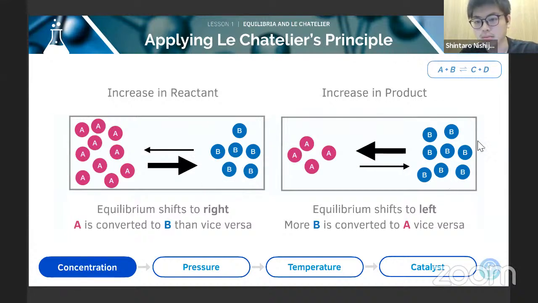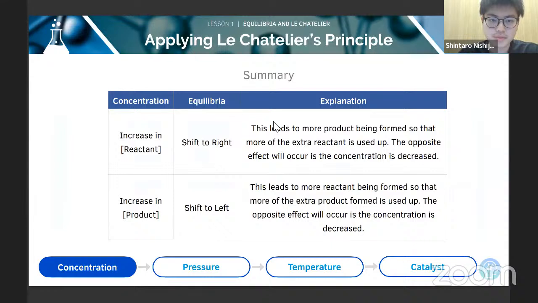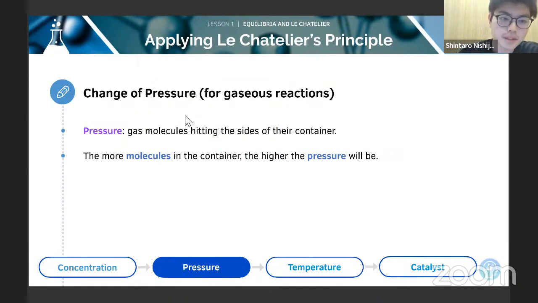If you increase the concentration of products, then it's going to try and go to the left. That's a nice way to remember it. That's the summary. We'll go over it again at the end, so don't worry about it.